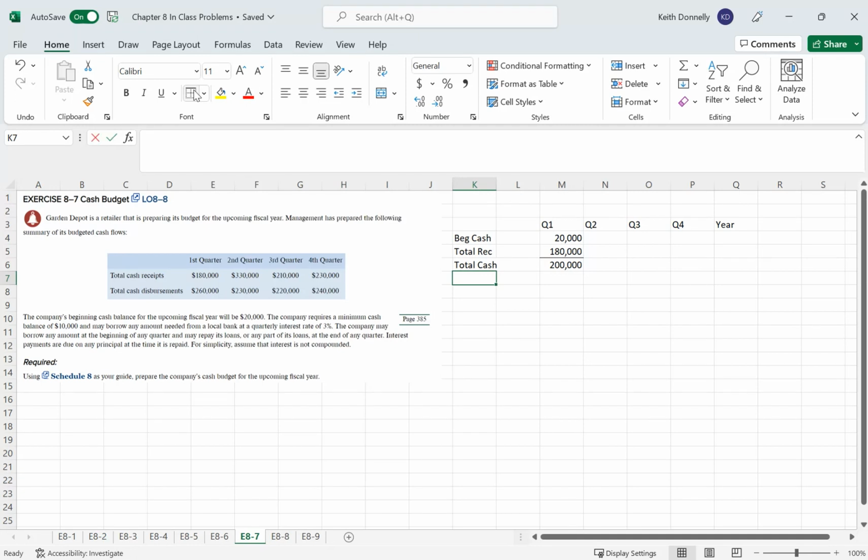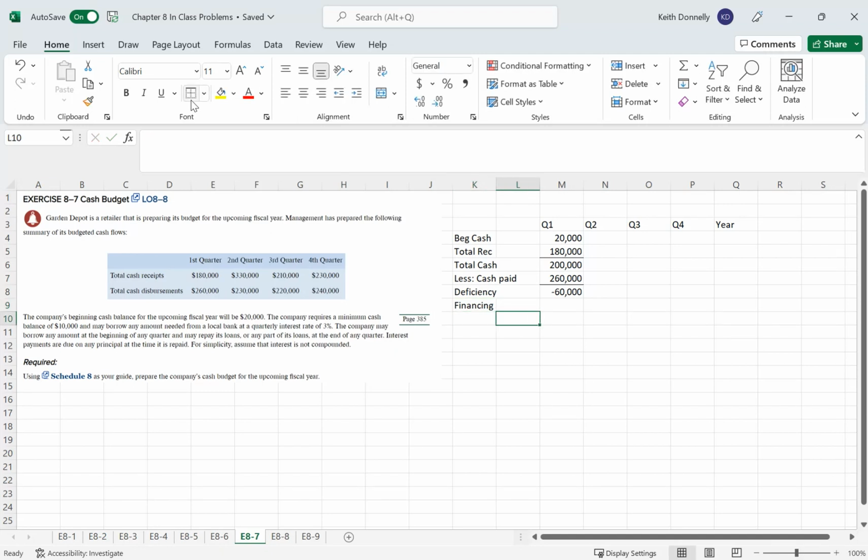Then we're going to back out any cash paid, our disbursements. In this case, it's 260. 200 minus 260 looks like we're in the negative. In this case, we have a deficiency in cash. Then we have to kind of consider our financing here.